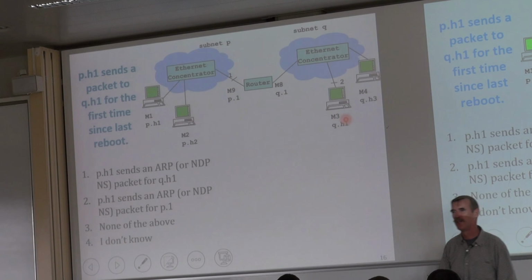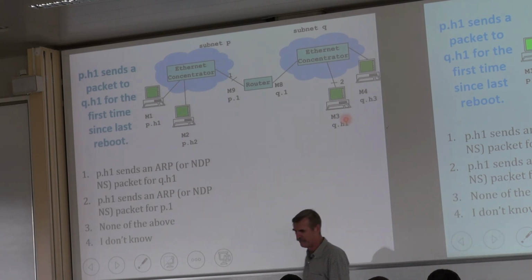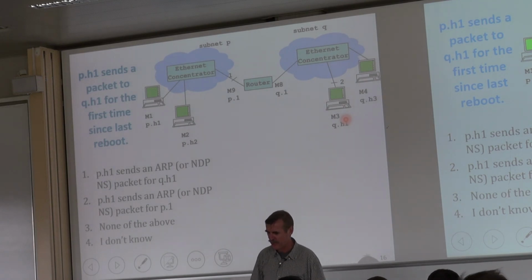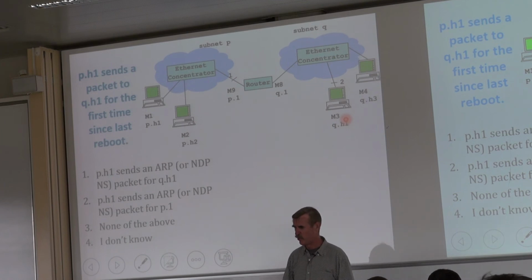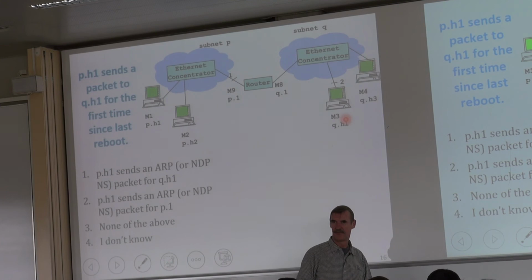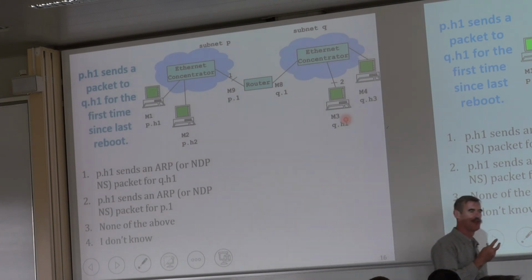And it's the first time it ever speaks to that machine, or to anyone. What will P.H1 send an ARP for? For which address? I propose two solutions, none of those, or a wildcard.